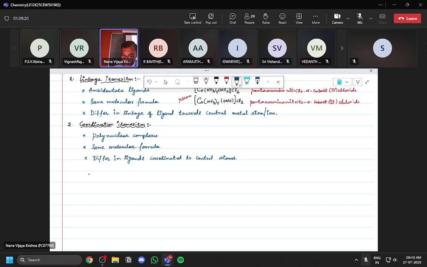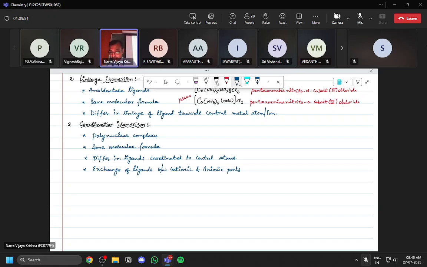There will be exchange of ligands between the cationic part of the coordination sphere and the anionic part of the coordination sphere.